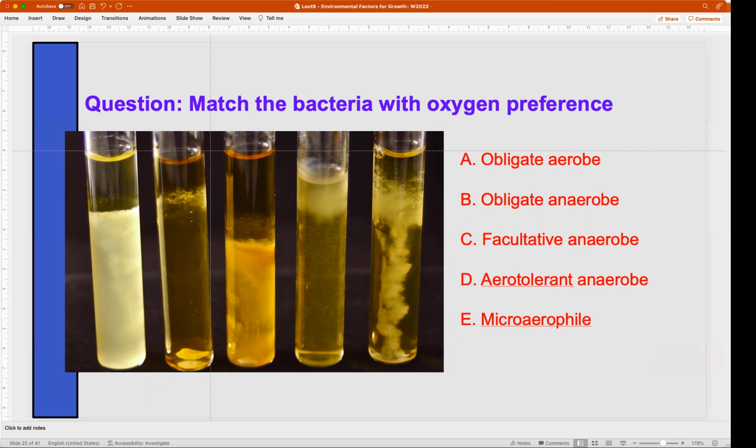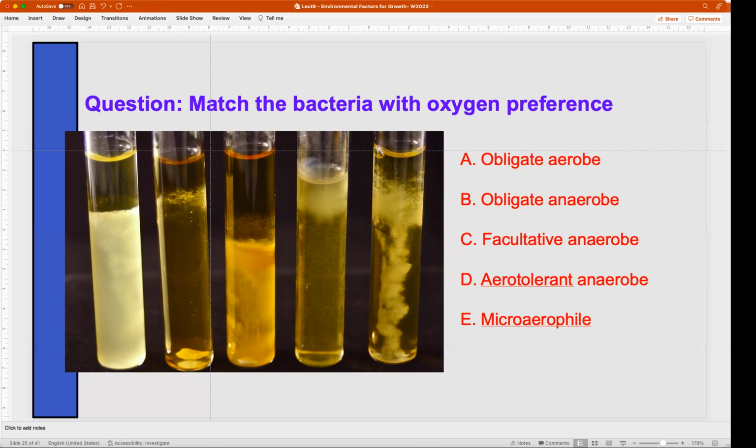The last one as well. Could also be the first one. Maybe. Definitely the last one. For sure, I agree. The facultative anaerobe's the last one.